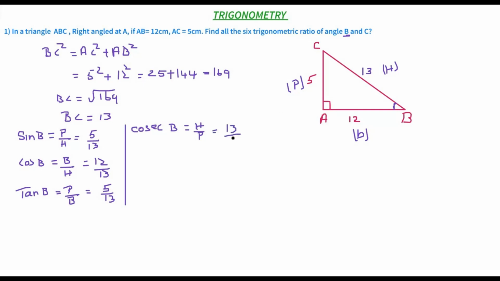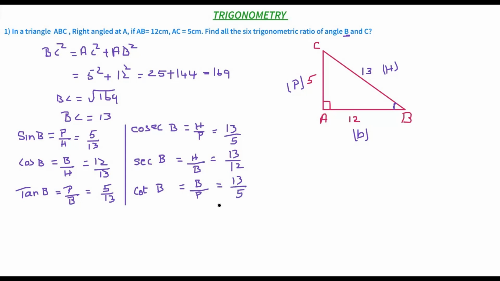You can directly write it as 13 by 5. Then let's find out sec B. What is sec B or secant B? Hypotenuse by base. Hypotenuse by base will be 13 by 12. And the reverse of tan is cot B, which is base by perpendicular. Since tan is perpendicular by base, here it is base by perpendicular. So this would become 12 by 5.